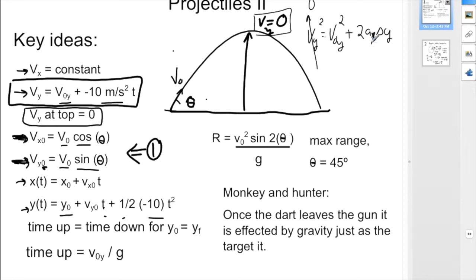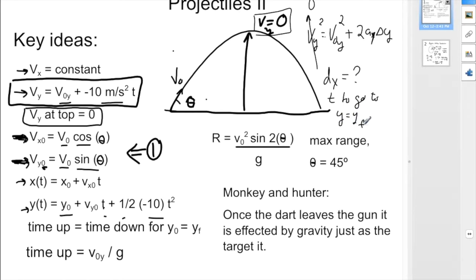The next step is to ask the question: are we trying to figure out how far the thing goes? If I'm trying to calculate a distance in the x direction, what I'll use is the time to go to y equals y final.